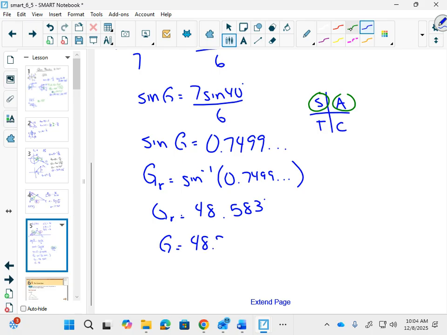Well, since it's positive, one of the answers will be in quadrant 1, and the other one, 131.417. Usually these questions are nice and they say round to the nearest degree to make your life easier, right? So I'm going to just imagine 49 degrees and 131 degrees for now.